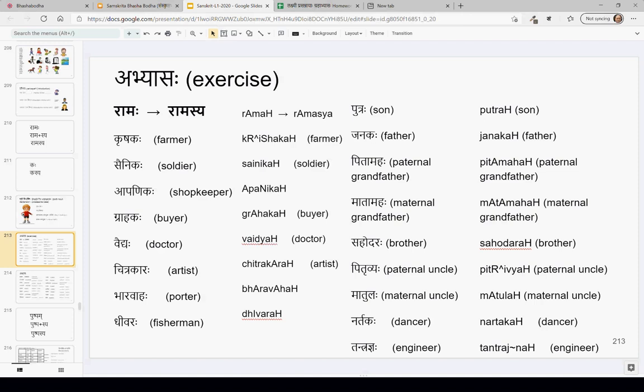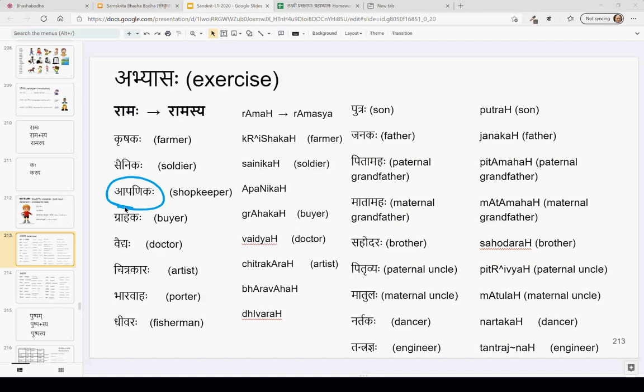Has anybody tried these sentences using the Shashti Vibhakti forms on the slides? Let's take a couple of them. You don't have to go through all of them. What you can do is take one word like this, for example, apanikaha.